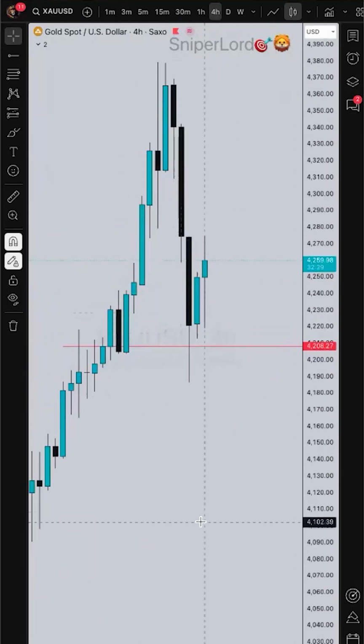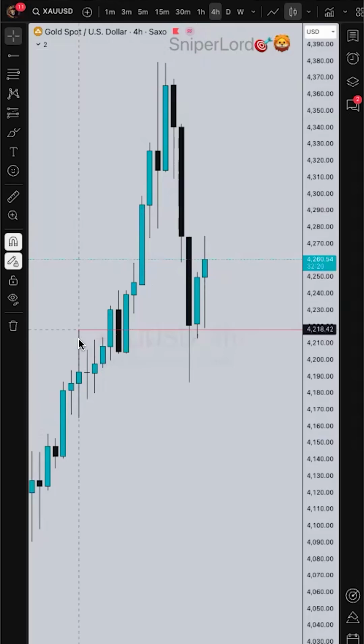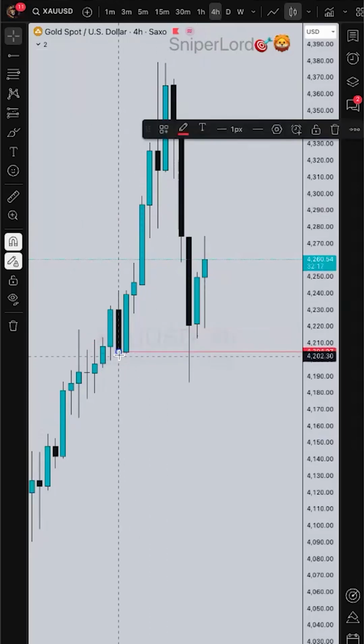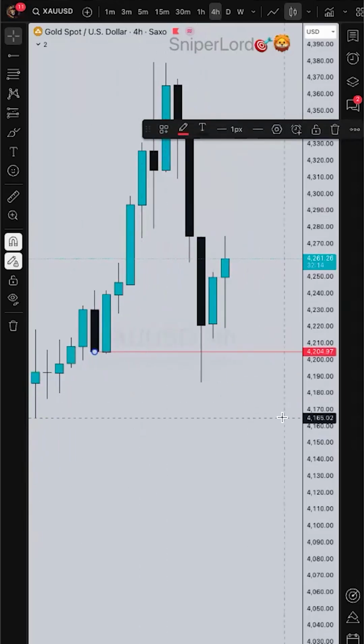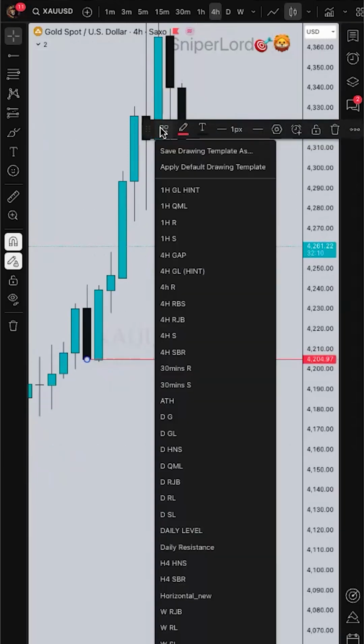In the H4, I'm not seeing anything clearer here, or there's probably no breakout here. When I refine this particular daily level, I would place it here on this H4 support level. So I would indicate this level as the H4 support.